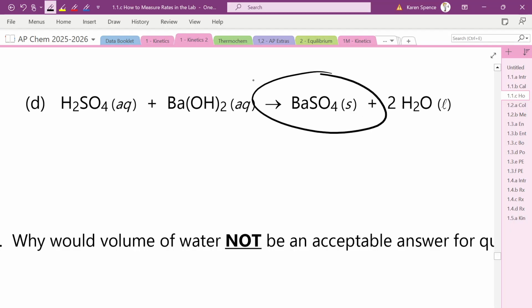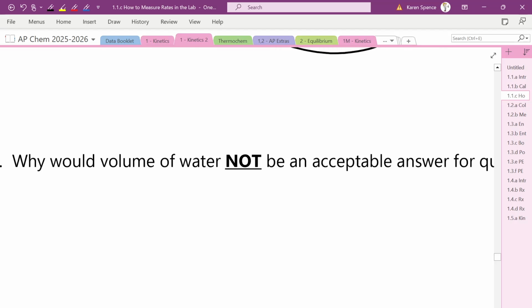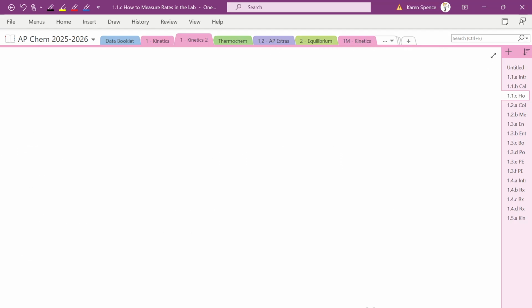You could do mass of the solid. I mean, honestly, when I did it, it was in a biological system. And so there were no particular solids you could look at. You were just looking at one particular product that didn't meet any of these criteria. So basically, I would say, you're not going to be using titration.